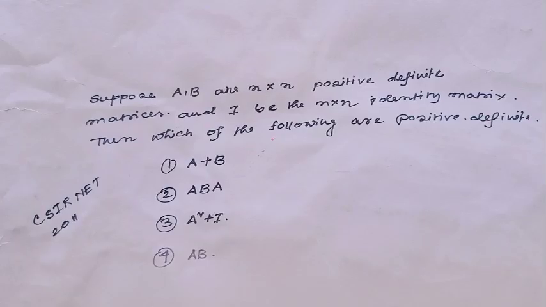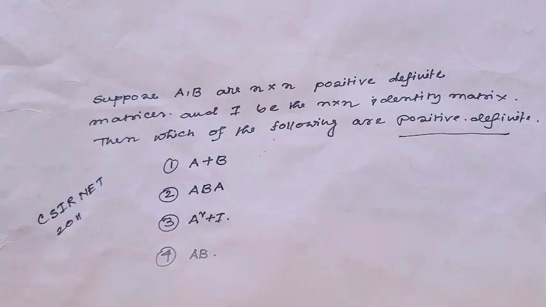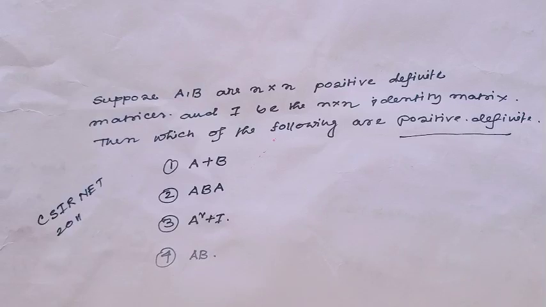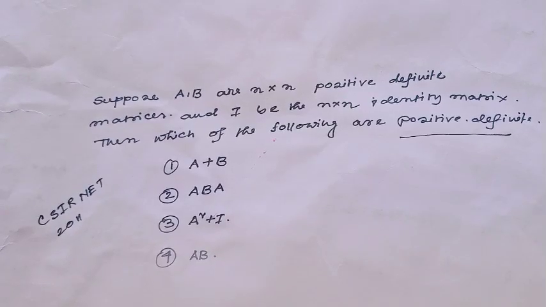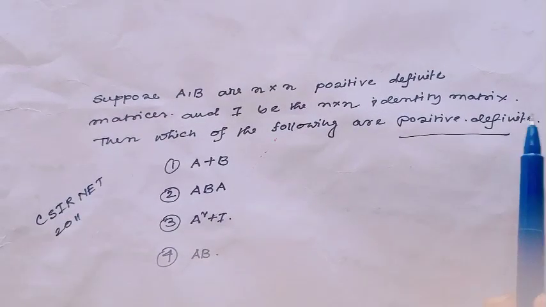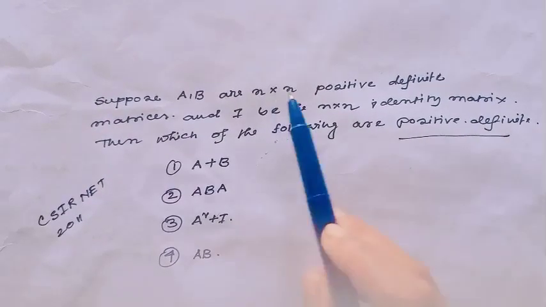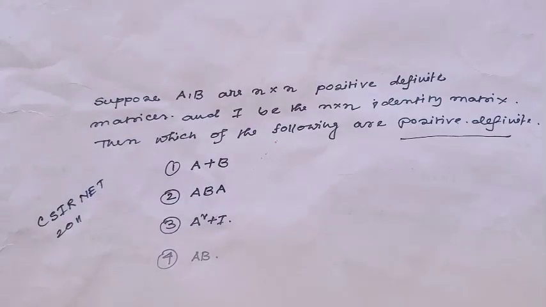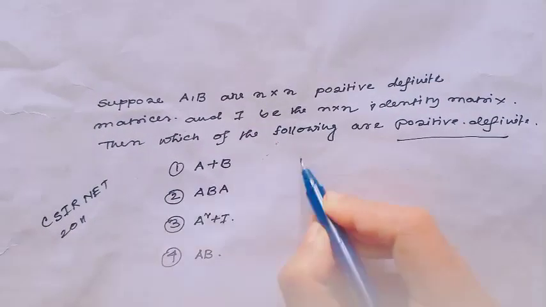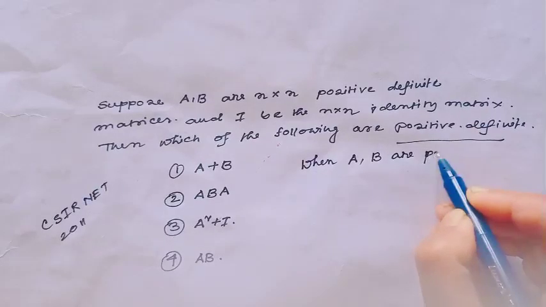Now I will see one question which came in the CSIR NET 2011 exam. This question also depends on positive definite matrices. Suppose A and B are n cross n positive definite matrices and I is the n cross n identity matrix, then which of the following are positive definite?